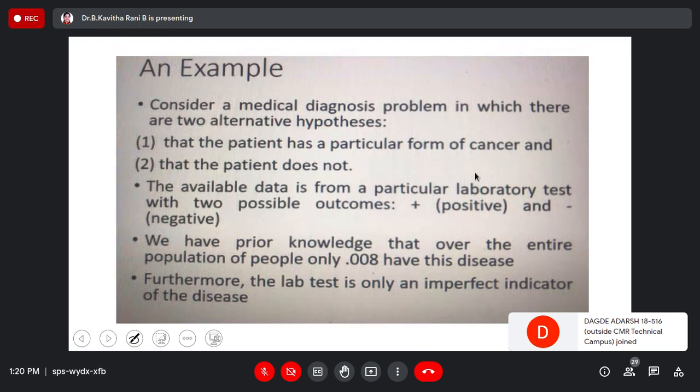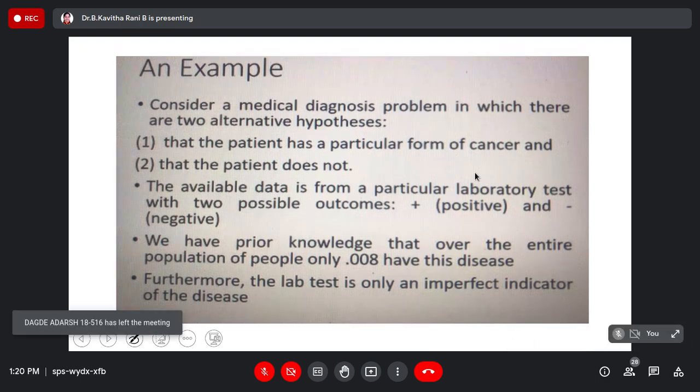Here the available data is from a particular laboratory test with two possible outcomes. If we go to the laboratory and have a lab test, either we will get positive or we will get negative. Either the person has cancer or he doesn't have any cancer.